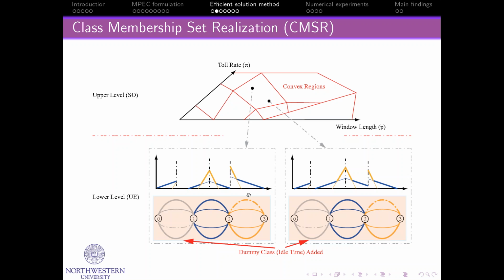Their lower level user equilibria are slightly different. However, the users' existence is the same. It's idle time, yellow and blue in the early uncode window, idle time, blue, yellow in early code window, yellow, blue in late code window, and yellow, blue, idle time in late uncode window. It's the same for the other.